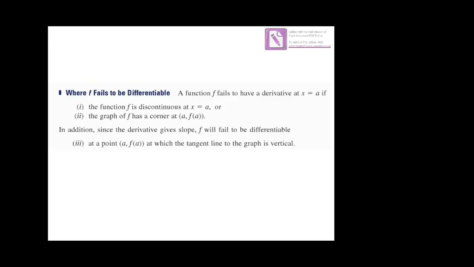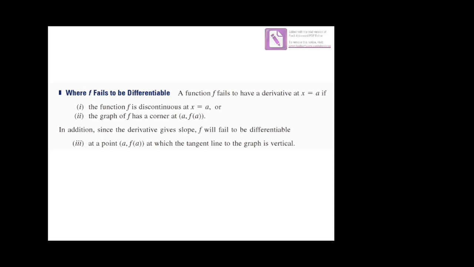Here we go. A function f fails to have a derivative at x equals a if, in the first case, the function f is discontinuous at x equals a. So if the function is not continuous at the point x equals a, it will not be differentiable.